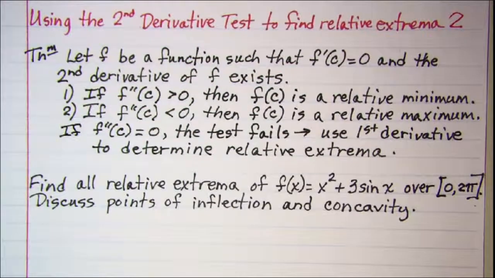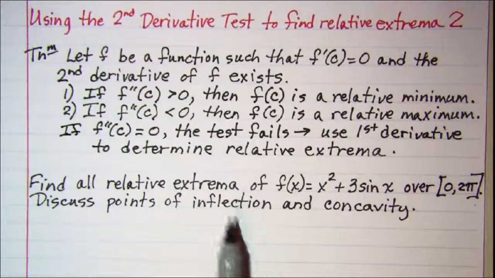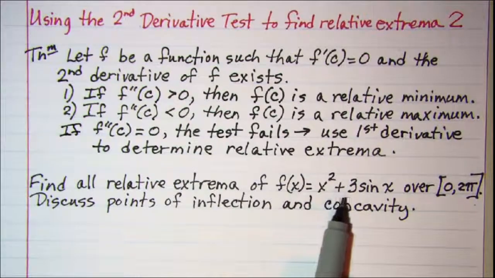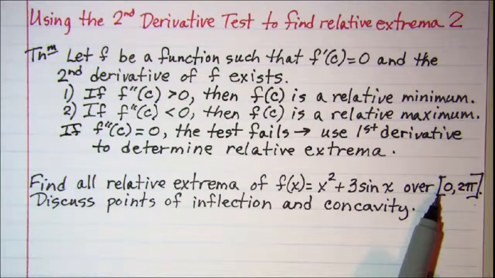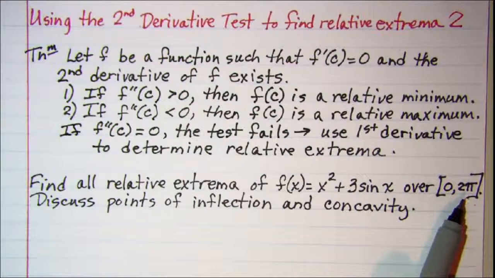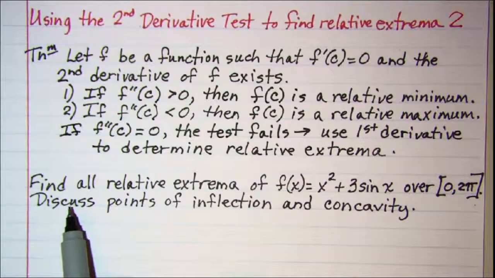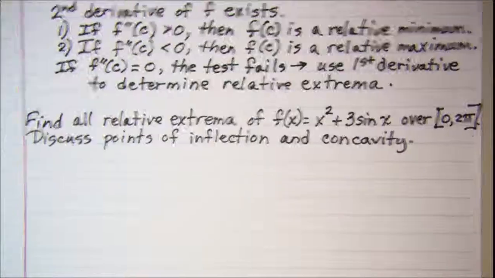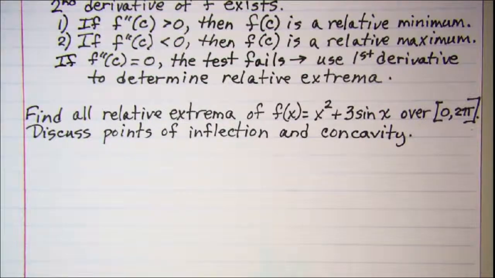The problem that we'll be doing is to find all relative extrema of the function f of x equals x squared plus 3 sine x over the closed interval from 0 to 2 pi. And then we're asked to discuss points of inflection and concavity. So the first thing we want to do is find our critical numbers.